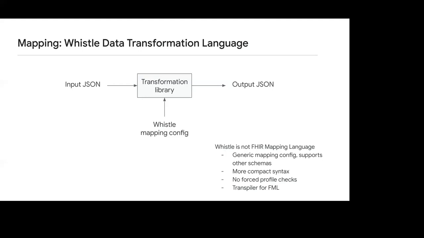WSDL is designed for a slightly broader use case than the FHIR mapping language because we need to support all these other schemas as well as FHIR. But it also has a much more compact syntax, which makes it easy to use. There aren't any forced profile checks, and we are working on a transpiler for FHIR mapping language as well.